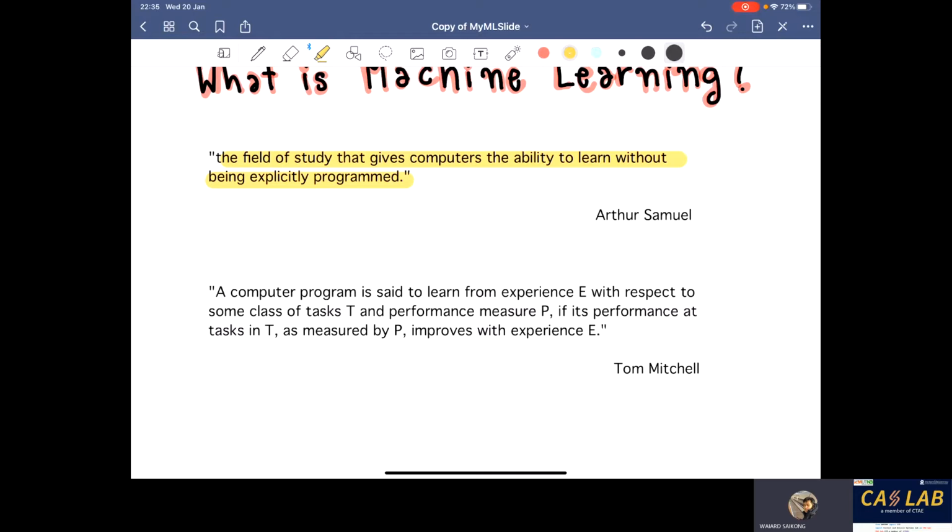A computer program is said to learn from experience E with respect to some class of tasks T and performance measure P if its performance at tasks in T, as measured by P, improves with experience E. What does that mean? Does that mean the machine can learn from experience by itself?